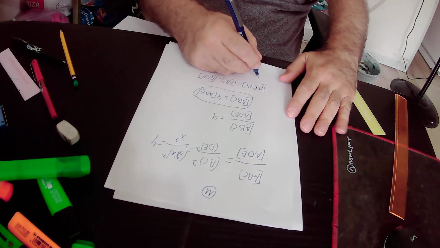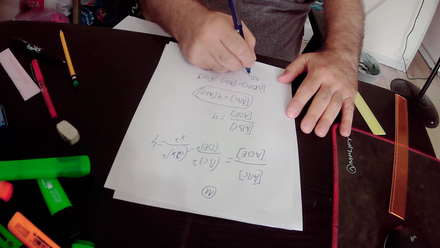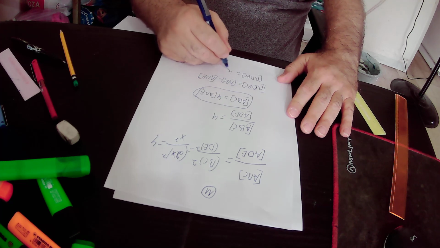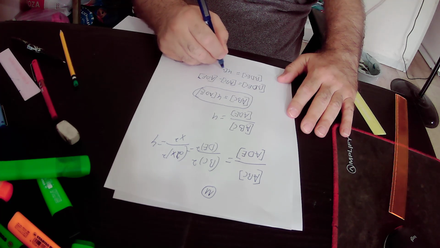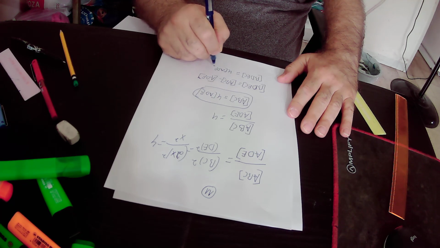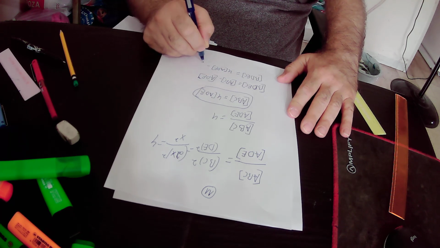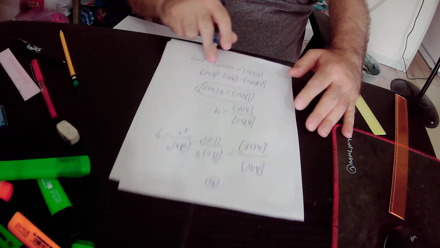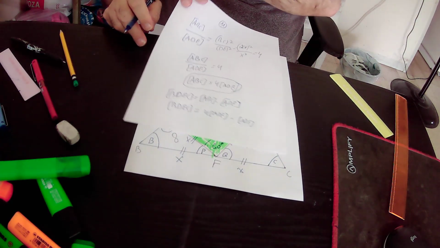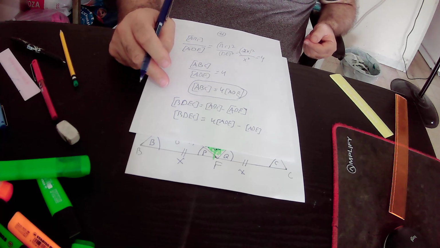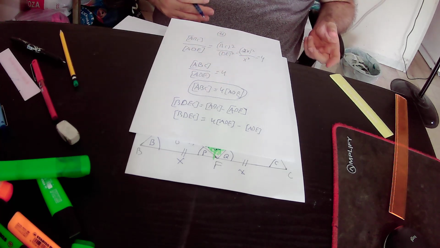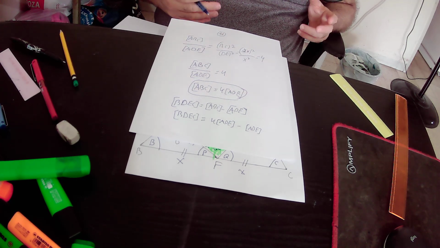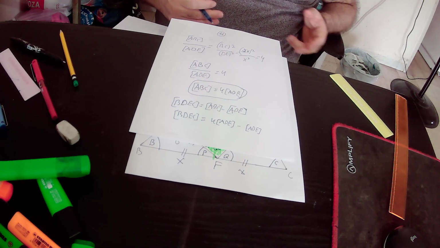So the area of quadrilateral BDEC equals 4 times the area of triangle ADE minus the area of triangle ADE. 4 times the area of triangle ADE minus 1 times the area of triangle ADE equals 3 times the area of triangle ADE.